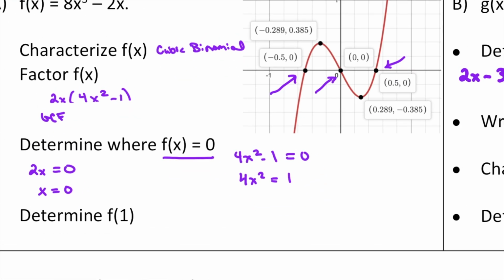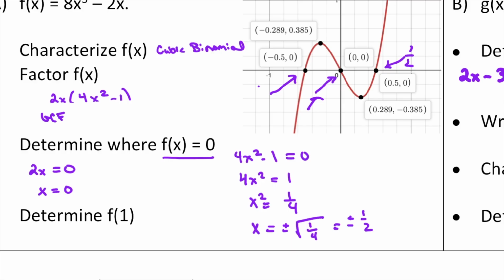Divide by 4, x squared equals 1 over 4. And you know from previous work that x is going to be equal to plus or minus the square root of 1 over 4, and the square root of 1 over 4 is 1/2. So there you can see where the 3 different answers came from: positive 1/2, negative 1/2, and then x is 0.